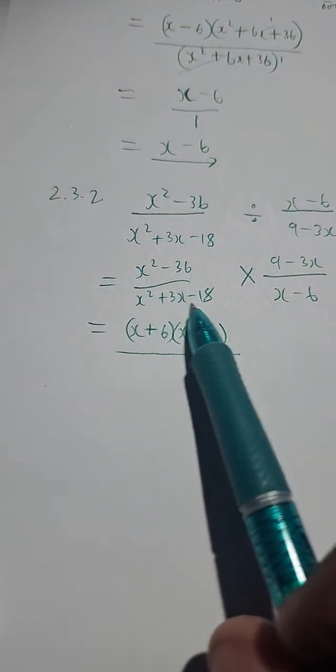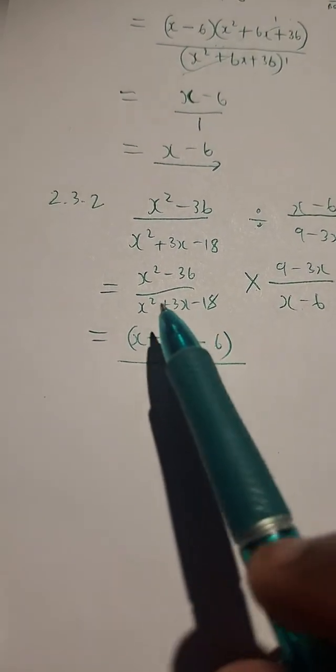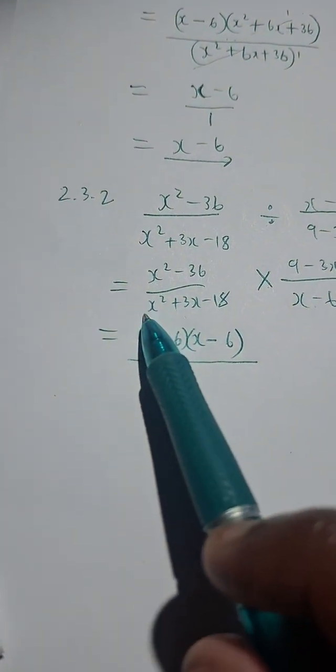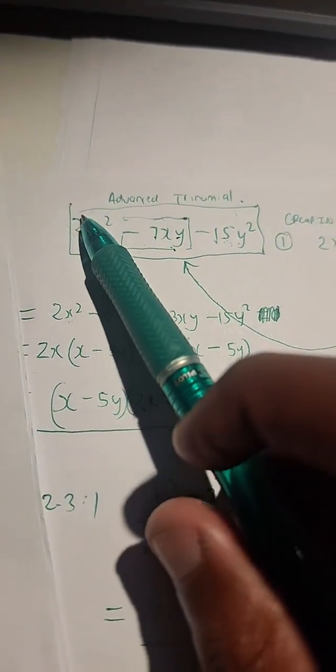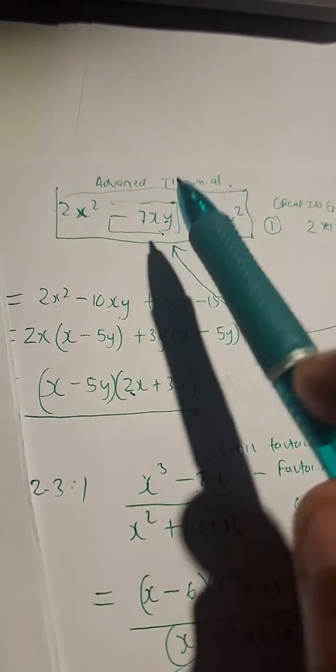Ooh, this is a trinomial, but it is not the advanced type of trinomial because my coefficient of x squared is not greater than 1, and there is no highest common factor.